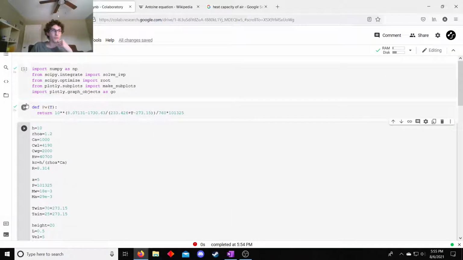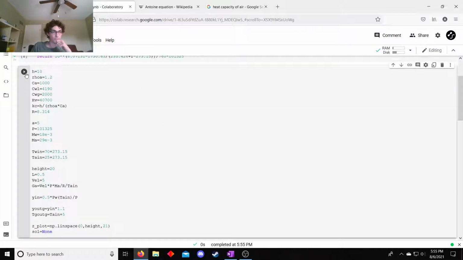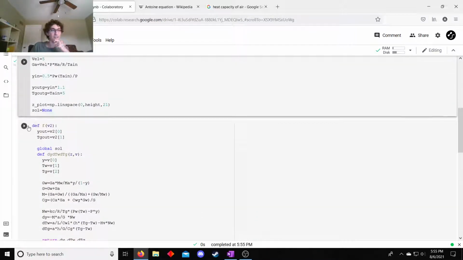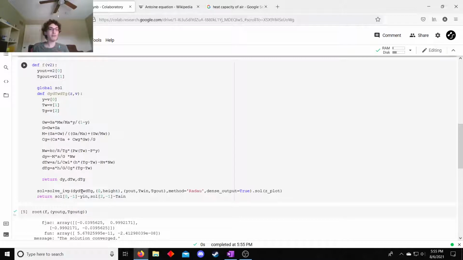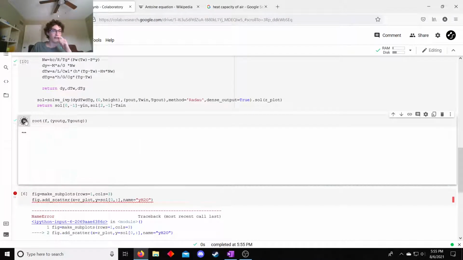So now when we run everything, it will save the final value of SOL as our solution, and we'll be able to access that solution from outside of the function.